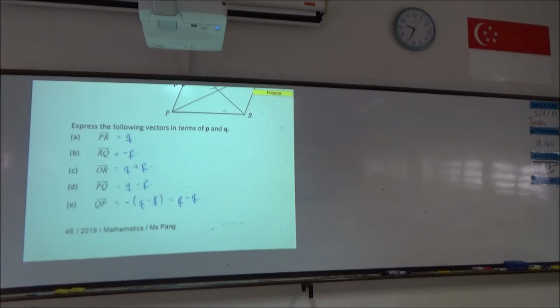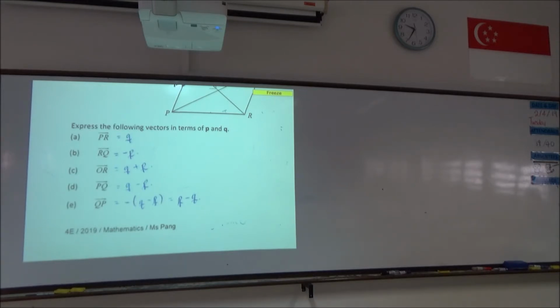For the one on top, the example 9, you cannot just use, for example, part A. You cannot just A plus B because there's no start point and end point. Why do you need to draw the other side of the parallelogram? Oh no, I'm only trying to show you. You actually don't need to.